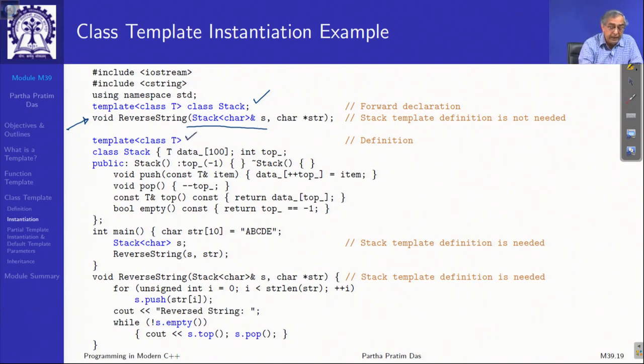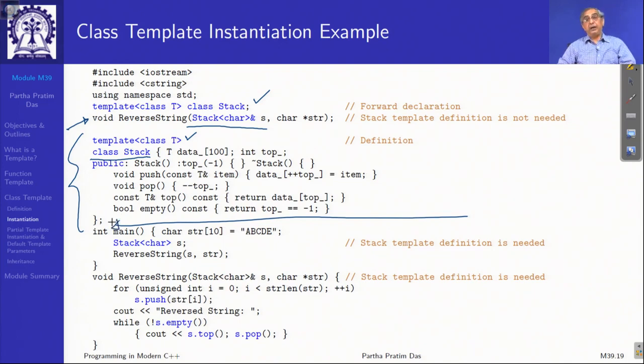Then again I say template class T, class stack, and I provide the definition. Once I have provided the definition, from this point onwards I can refer to it for defining pointer and reference, but additionally I can actually create objects for it. I can create the instantiation here now, and it is going to require this definition which I have already provided.